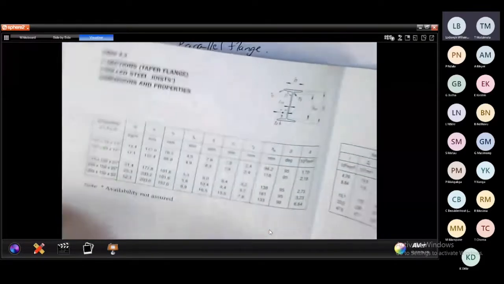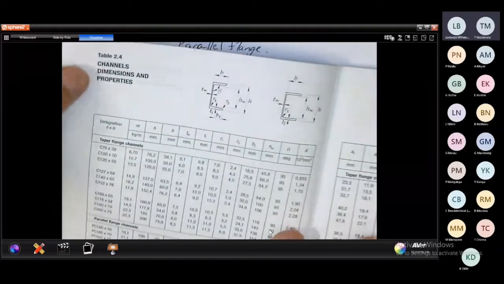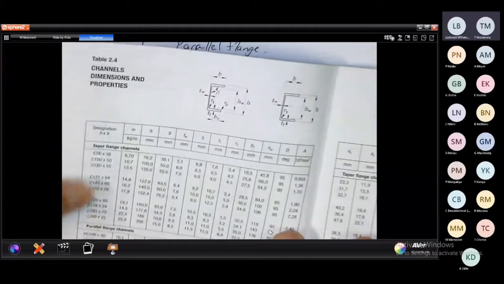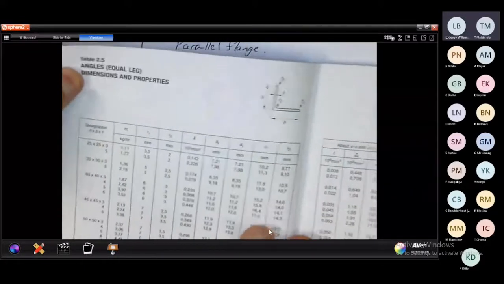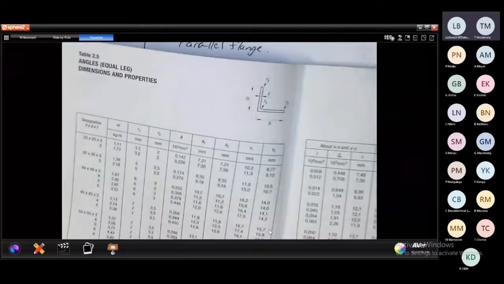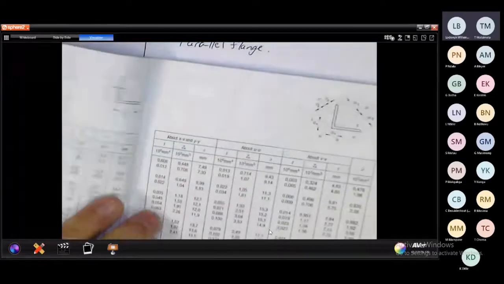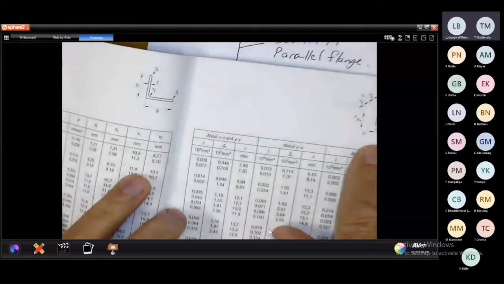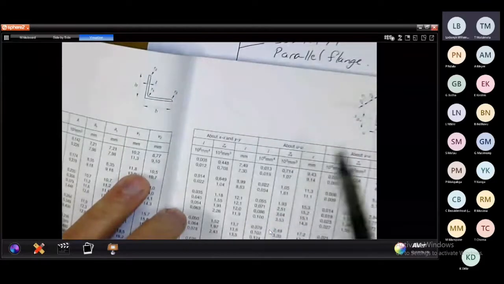When you turn to the next page, you will see the channels, and everything is there for you. The next page, we say angles, equal legs. It means the legs are equal. On the right-hand side, if you're standing like this, there is my XX, there's my YY.